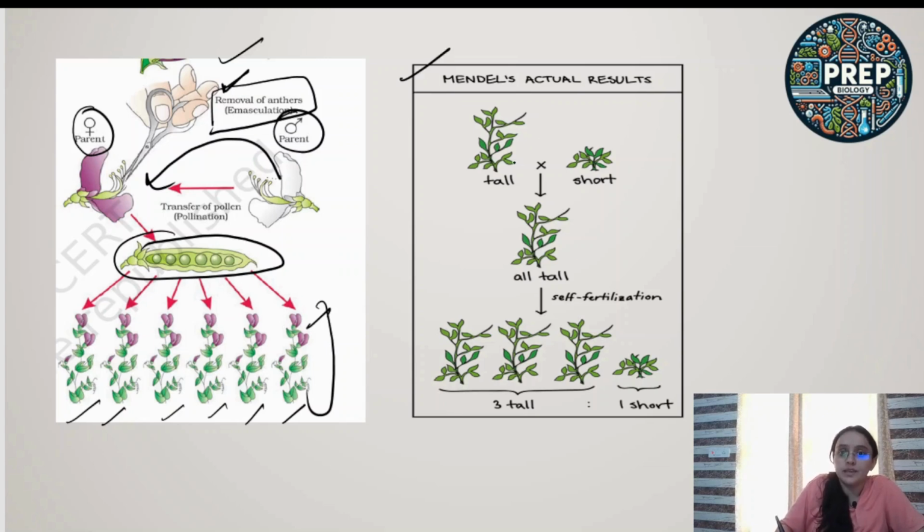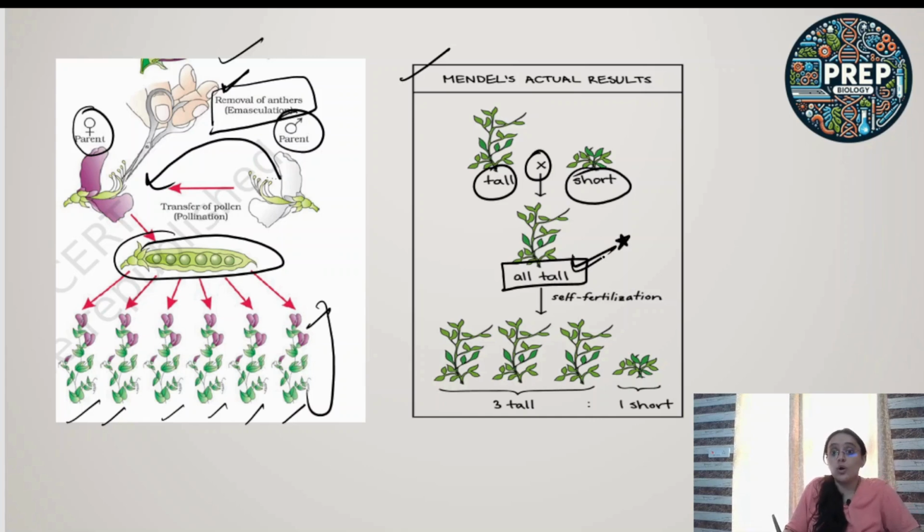What happens is that when pure tall and pure short plants are cross-pollinated, in the first generation they have all tall plants. So here is the twist, understand it carefully. When he took pure tall and pure short and cross-pollinated them, in the first generation he found that all the plants show the tall character.